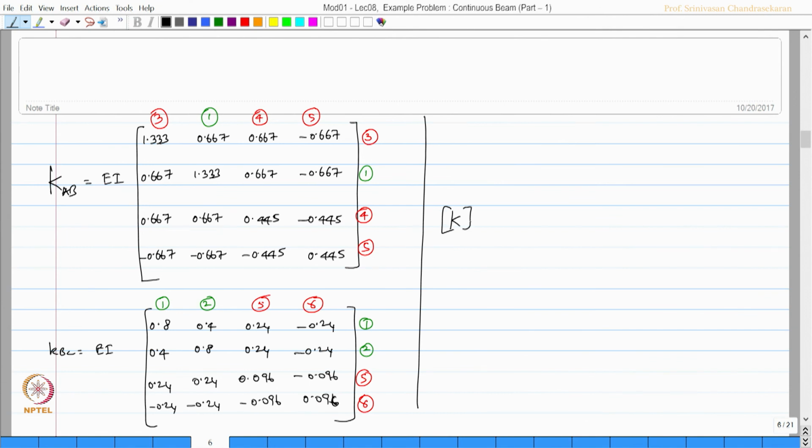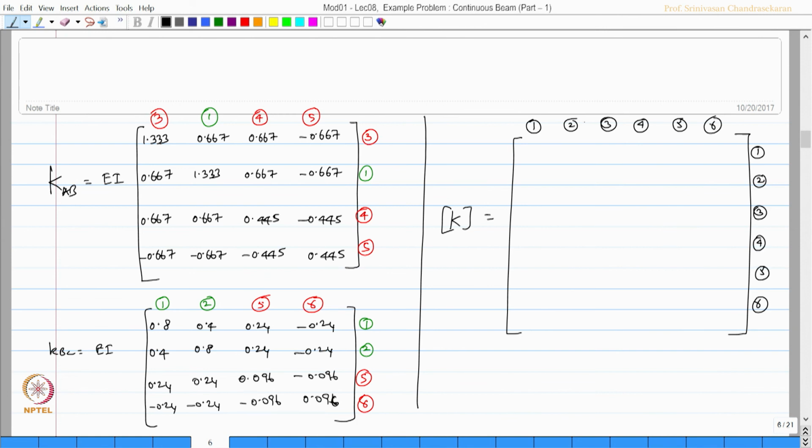Okay. If you look at the K matrix in total, there will be 6 degrees of freedom. So, 1, 2, 3, 4, 5 and 6. Out of which there is going to be a cross partition at 2 by 2.